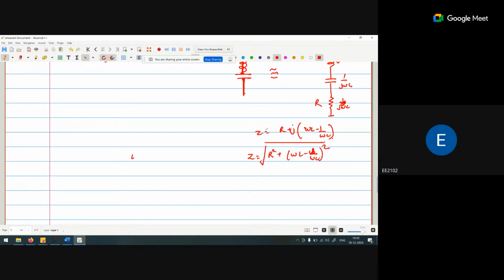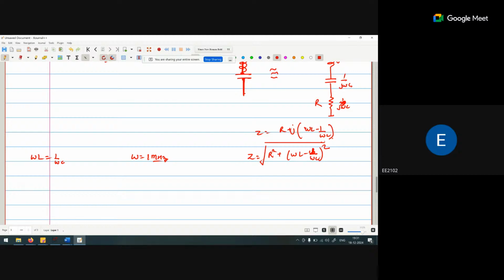Now, if I take omega as 1 megahertz, what will happen? I suppose this omega is my normalized frequency. At this frequency, my value of omega L is equal to 1 over omega C. We call this the resonating frequency.